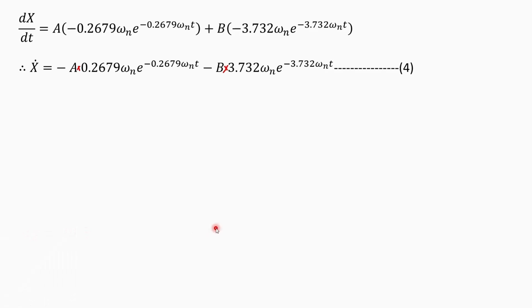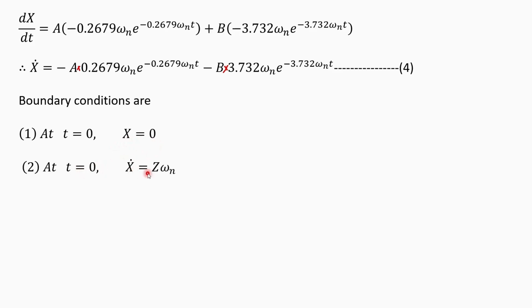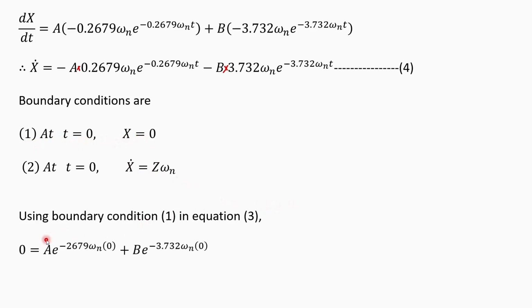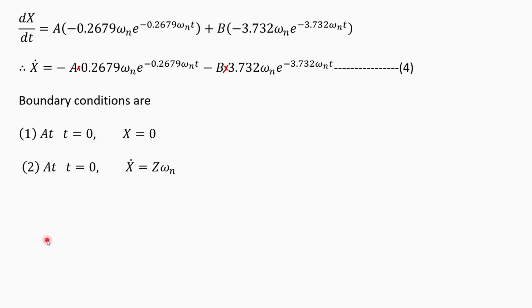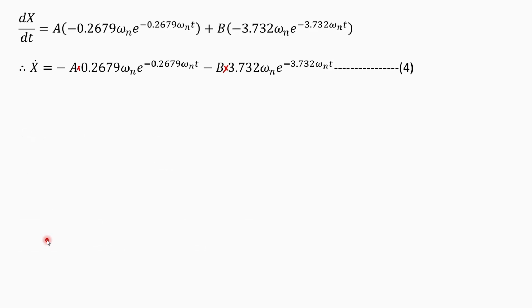So this is the value of dx by dt, that is nothing but velocity, x dot. The boundary conditions are: at t is equal to 0, amplitude is 0, and at t is equal to 0, initial velocity is zeta omega n. We first use the first boundary condition in equation 3, which is the previous equation we have written.